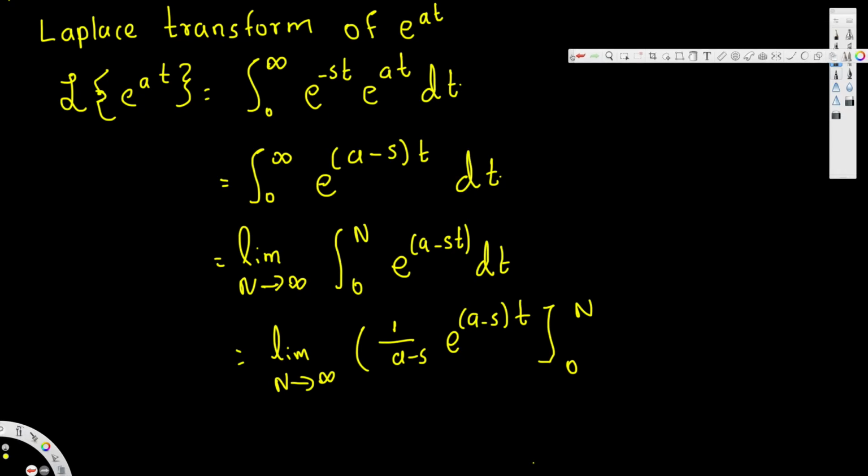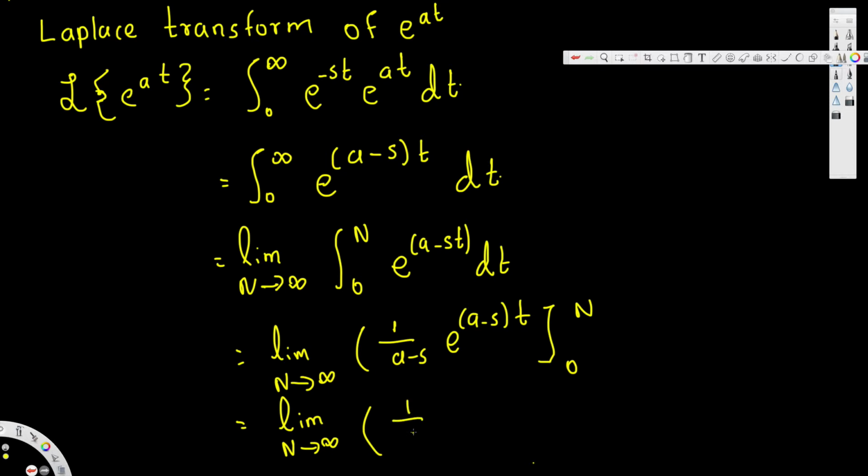Here we know that n approaches infinity. So we have to apply the upper limit n and also the lower limit 0. To do that, let's go ahead. Limit n approaches infinity, and all the t terms will be replaced with n and 0.